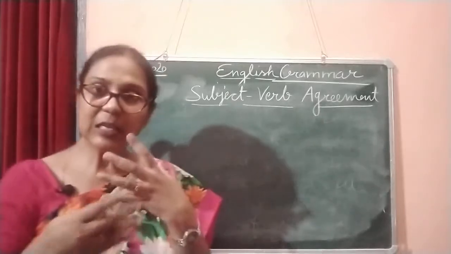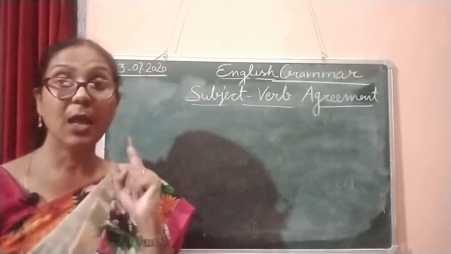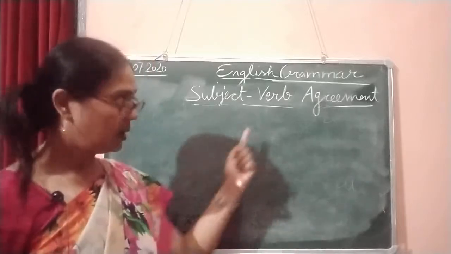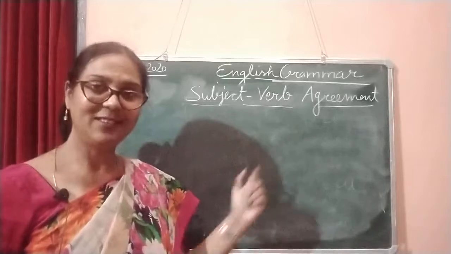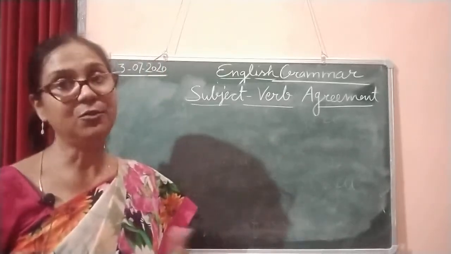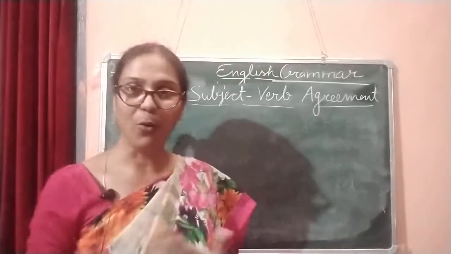These points we have to remember always because they are very important. We get confused here because this is a very important part of English grammar. So let's start with some points. Yesterday we discussed some, and today we are going to discuss more.